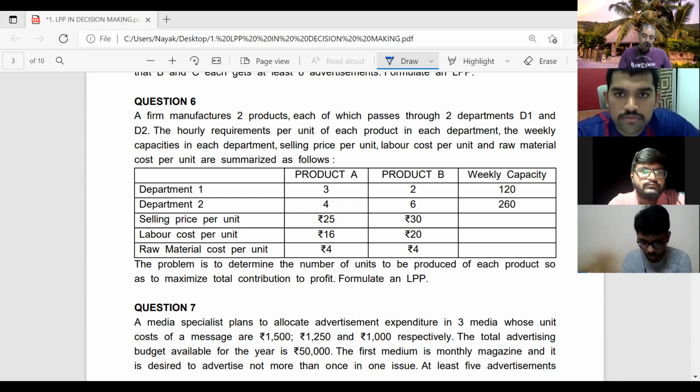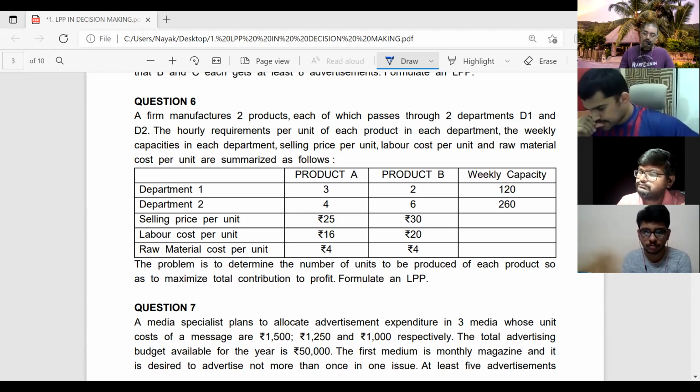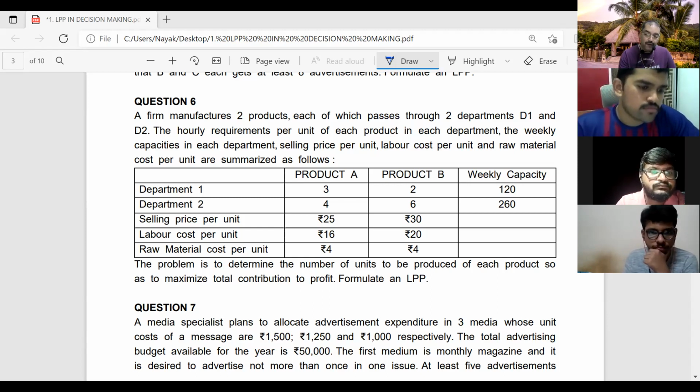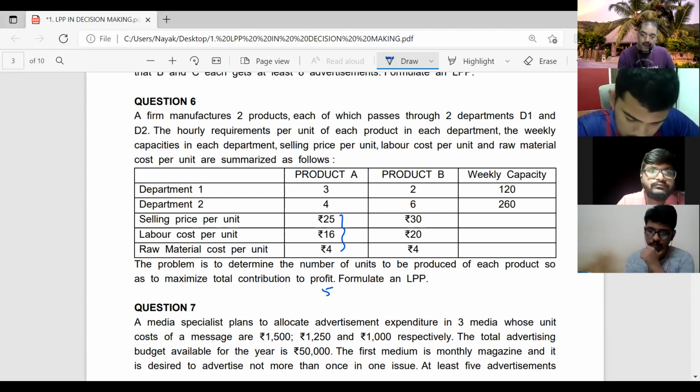Correct. So for the objective function, we have Z is equal to 5x1 plus 6x2. You have to calculate the contribution from these items. 25 minus 20, so that will be 5 rupees here. And 30 minus 24, that will be 6 rupees here.